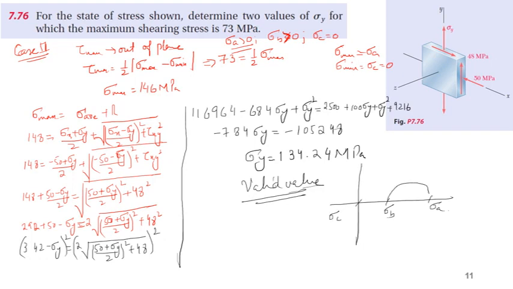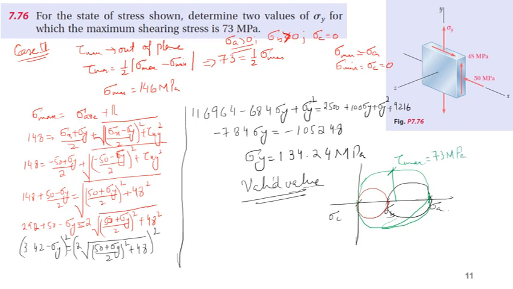We have one circle between a and b, another circle between B and C, and the third between sigma C, that is 0, and sigma A. And we are taking that the maximum shear stress is this one, out of plane, and that was equal to 73 megapascal.